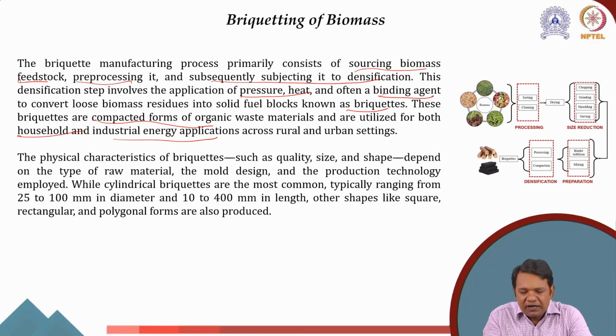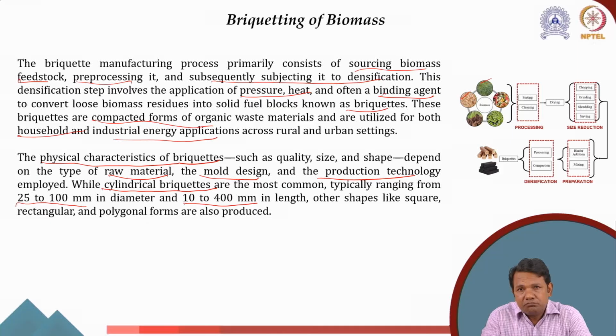The physical characteristics of briquettes, such as quality, size and shape, depend on the type of raw material. Like here you see different types of biomass. So the physical characteristics will depend on the raw material, the mold design and the technology used, like I showed you 3-4 technologies in the previous slide. However, in most cases, briquettes are produced in cylindrical form, which have a typical diameter of 25 to 100 mm, while the length is from 10 to 400 mm.